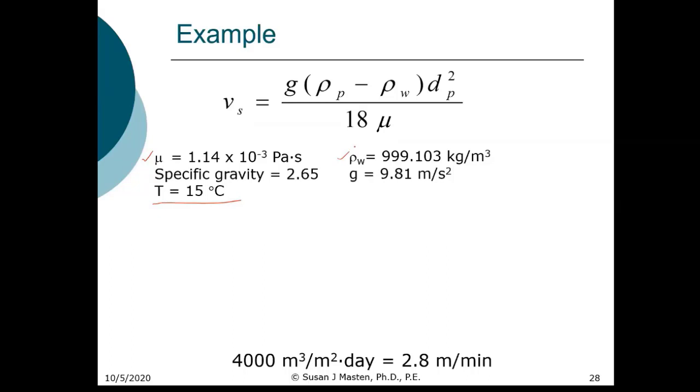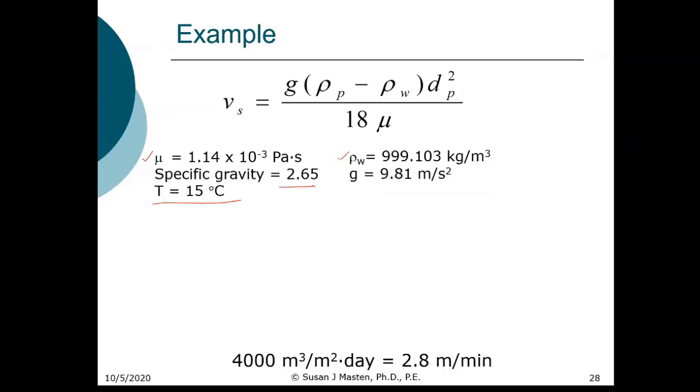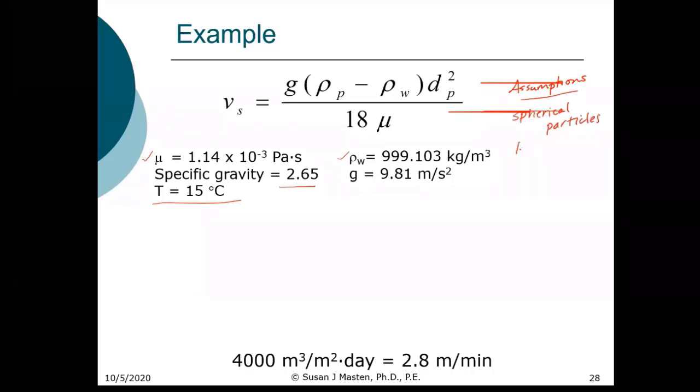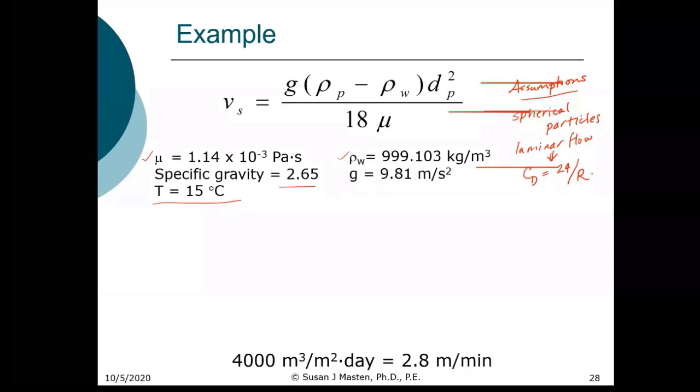You're told that the specific gravity of the solids is 2.65, and gravitational acceleration is 9.81 meters per second squared. We'll make some assumptions. Assume we have spherical particles and laminar flow, and if we have laminar flow, we can estimate the coefficient of drag to be 24 over the Reynolds number.